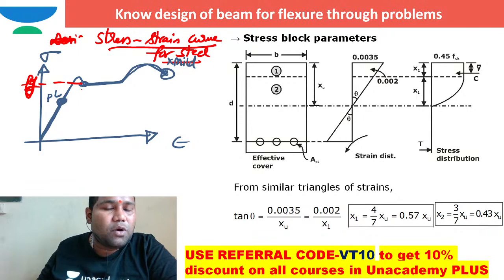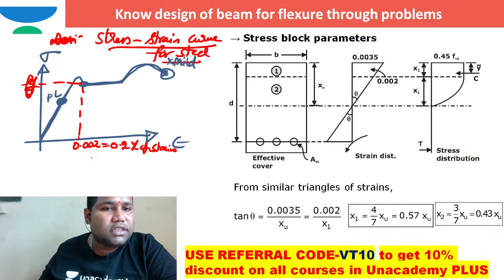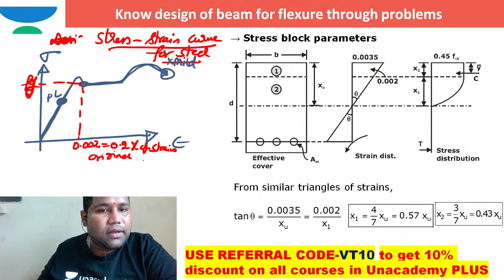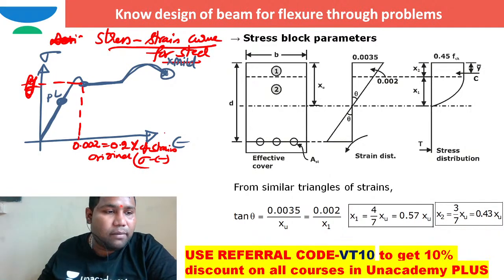The strain possible at yield stress for mild steel is 0.2 percentage of strain. This is actually the original stress strain curve for mild steel.